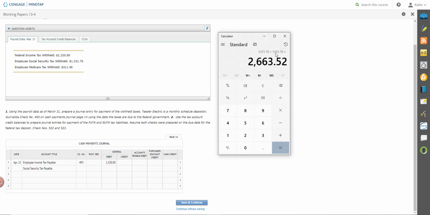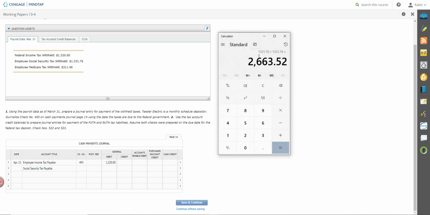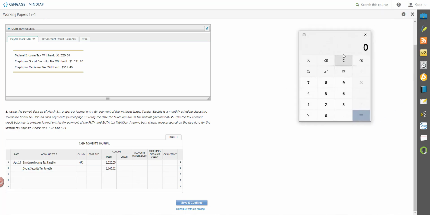So when you look in the calculator, this is the employee's portion and this is the employer's portion. So the total amount that we need to pay is going to be $2,663.52, employee and employer.